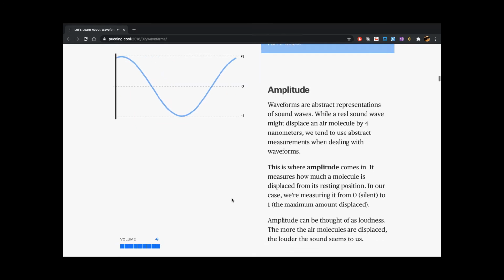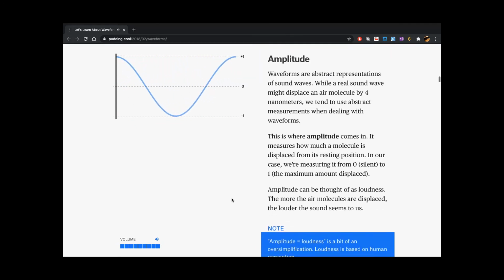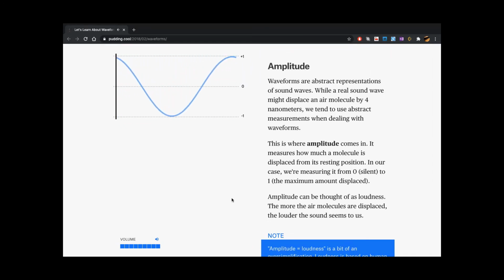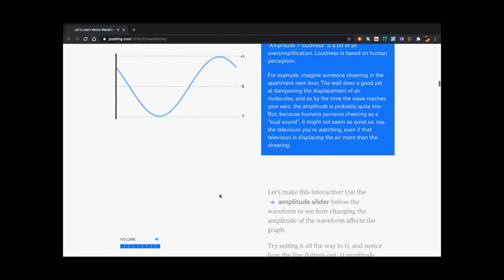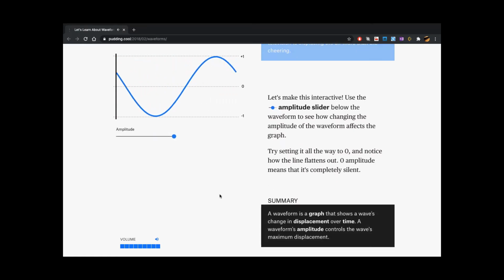Now let's look at the concept of amplitude. What is amplitude? Amplitude is basically the height on the y-axis. What is the effect of amplitude? If I reduce the amplitude, the volume goes down, and if I increase the amplitude, the volume increases.